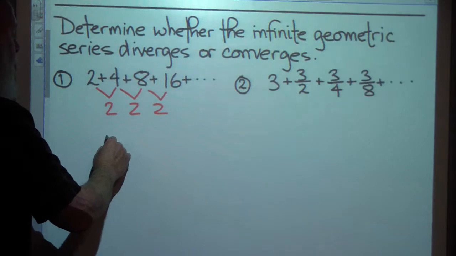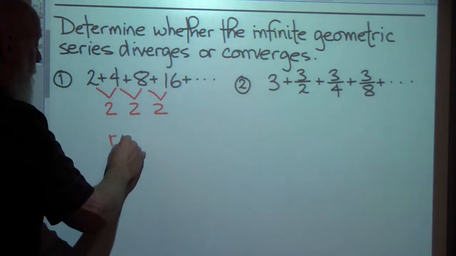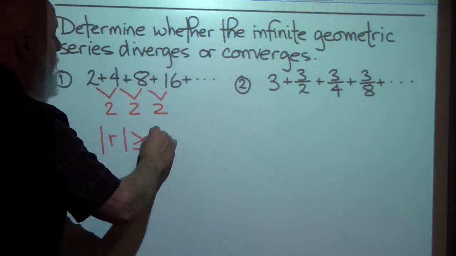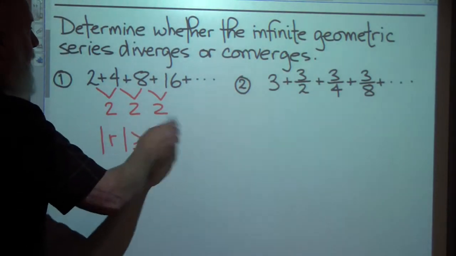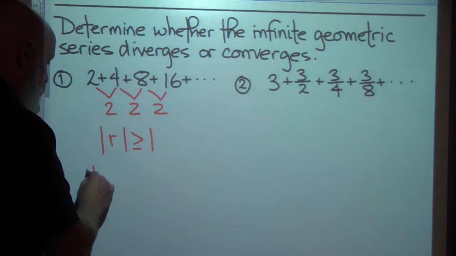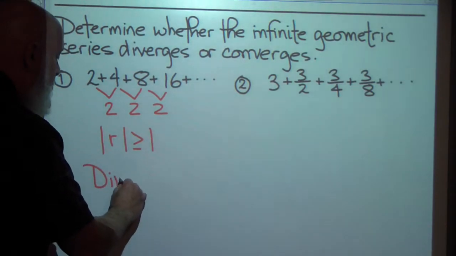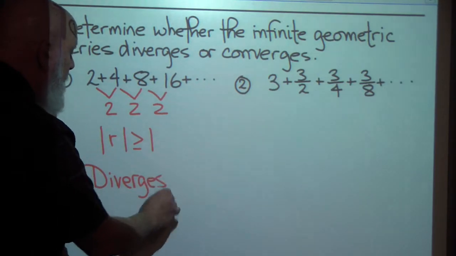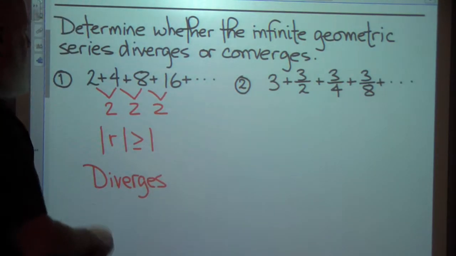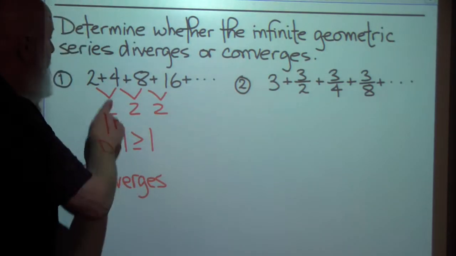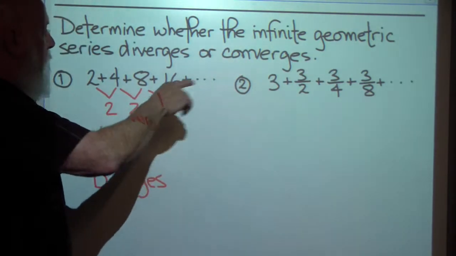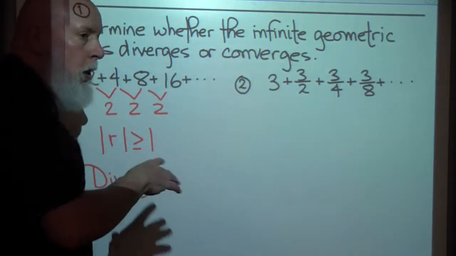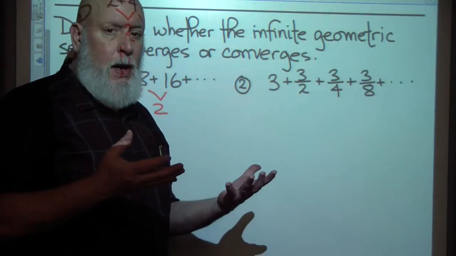And if the absolute value of the common ratio is greater than or equal to 1, then it diverges, and you cannot find the sum. Okay, so this one diverges. And what that means is if it diverges, this sum will just get infinitely large. Or if these were all negative numbers, it would go infinitely small. And we can't find the sum.